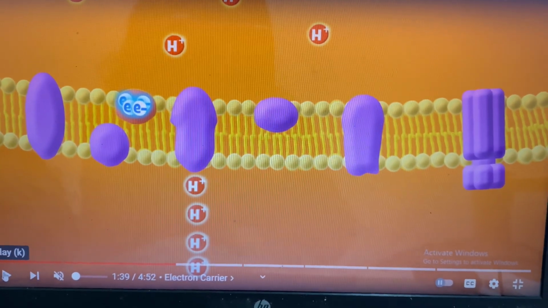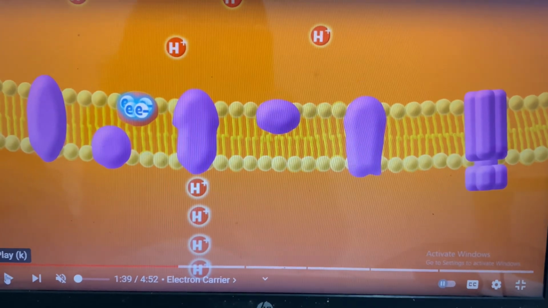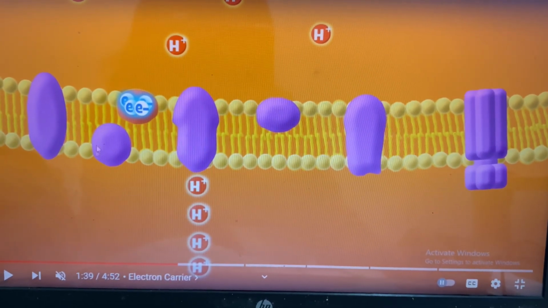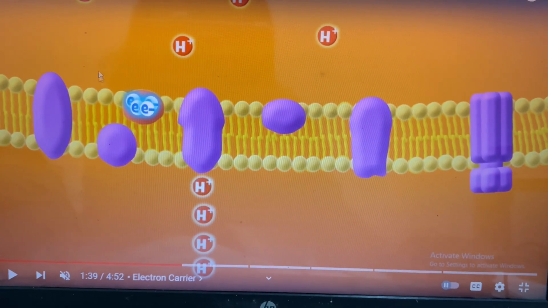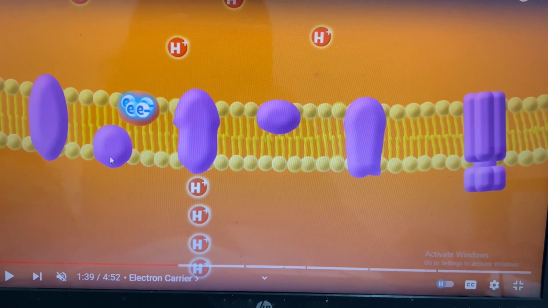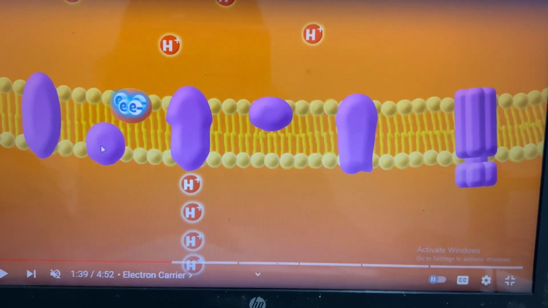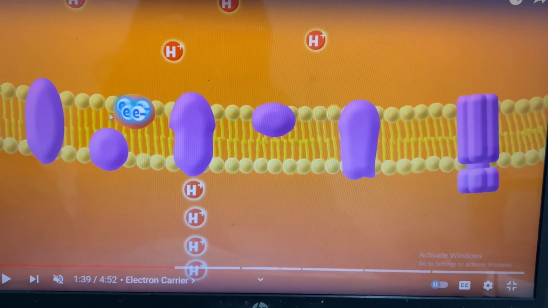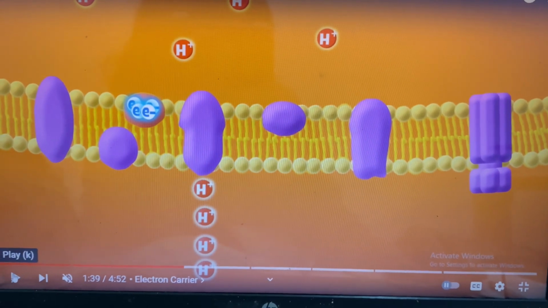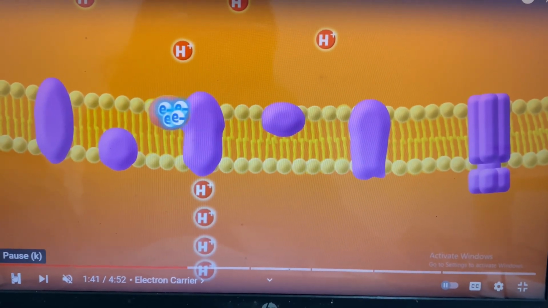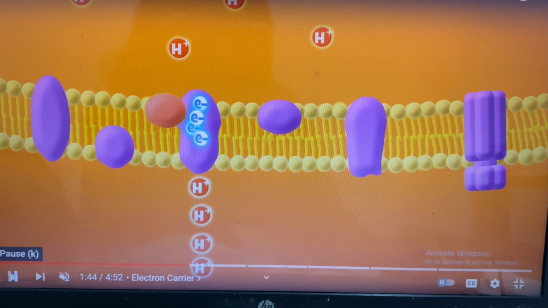But the unique thing about protein complex 2 is it will not be able to pump protons because it doesn't get super energized. So sad. Anyway, electrons are taken by the ubiquinone and transported to complex 3.